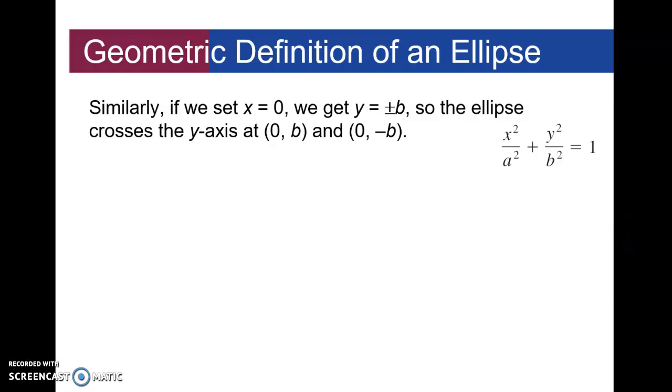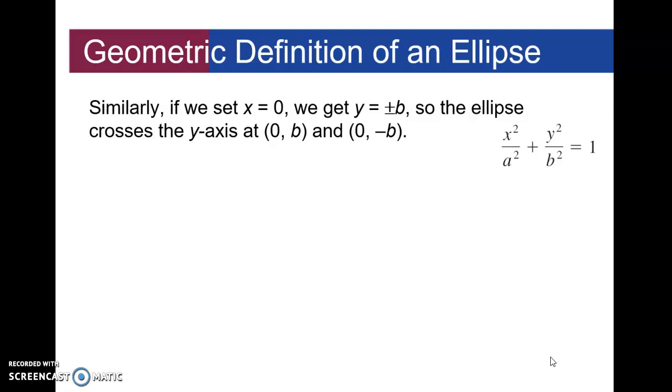Okay, so where we left off in class is that we were trying to determine the y-intercepts. We know we always substitute 0 in for x when we want to find y. So when I substitute 0 in for x, I get 0 squared over a squared, which of course is 0, and then I have y squared over b squared is equal to 1.